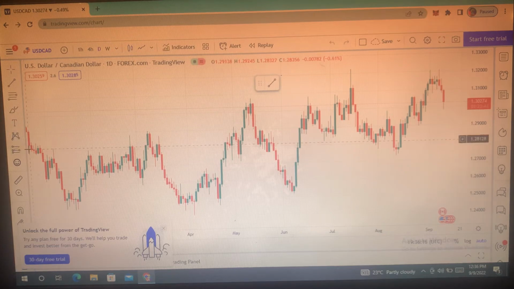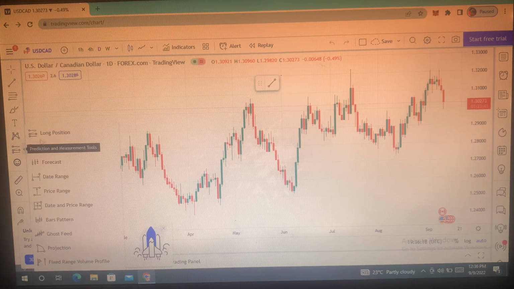We have the long position, short position. Long position is for buying, short position is for selling. We have forecast, we have date and range, we have price range, we have date and price range. A lot. I can go on and on, but I don't want to bore you with a lot of talk.